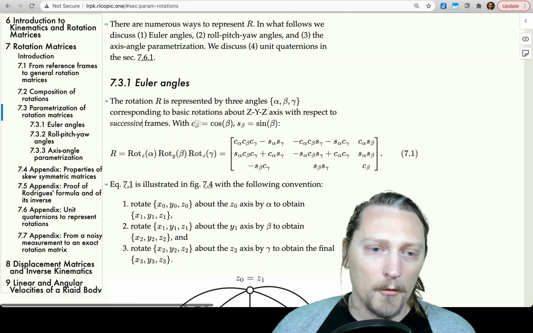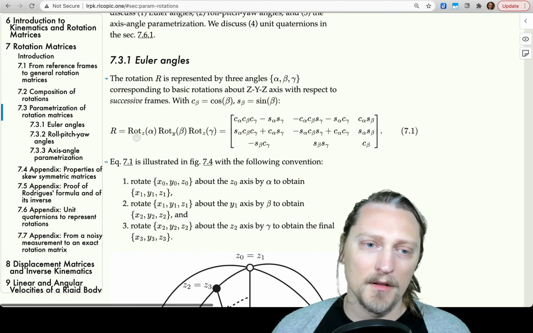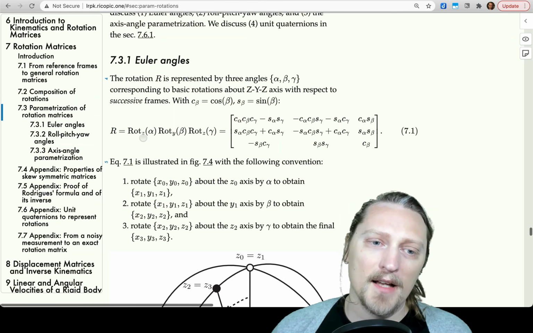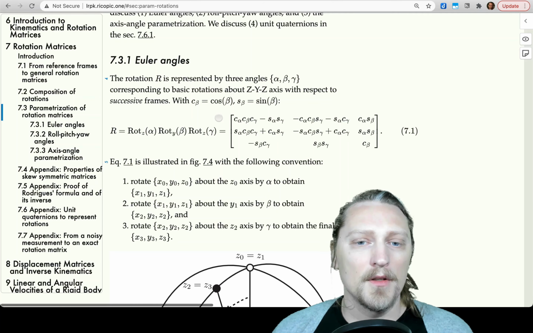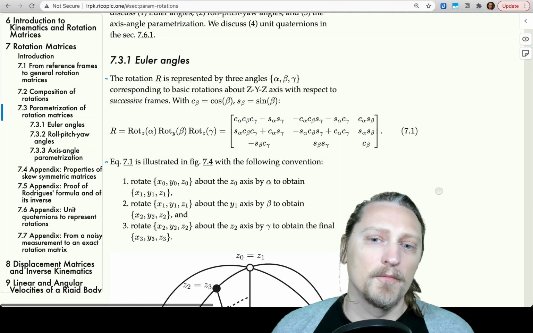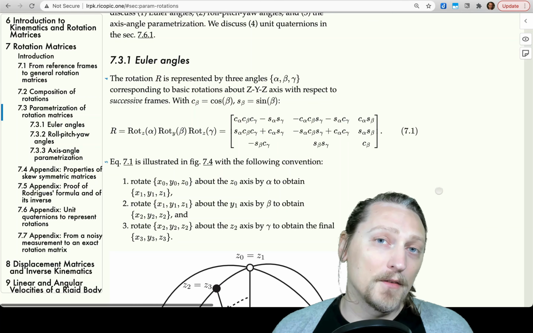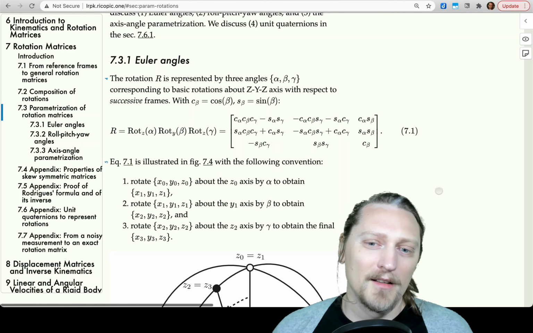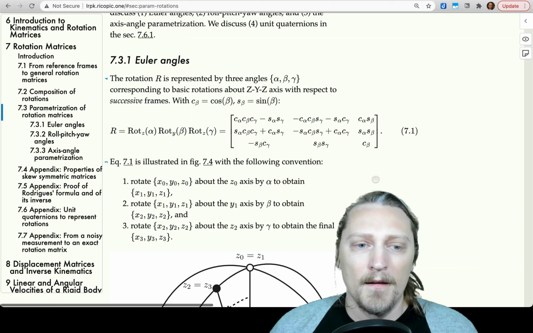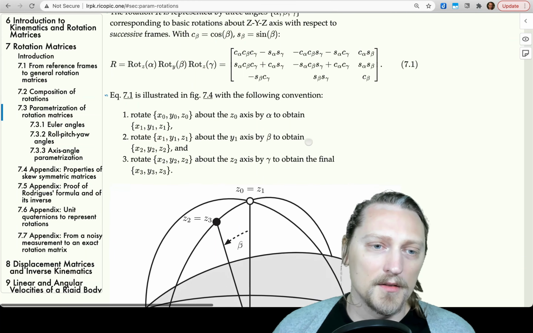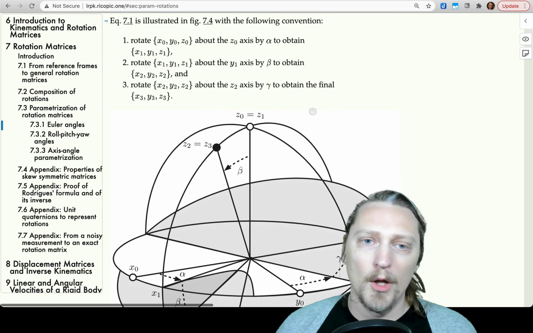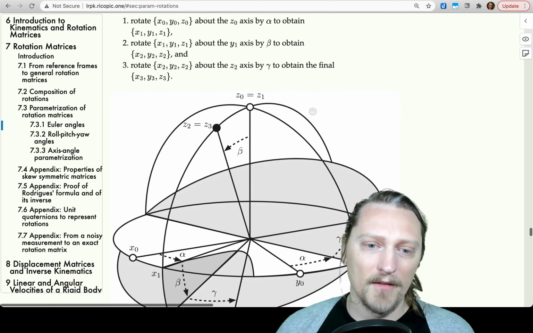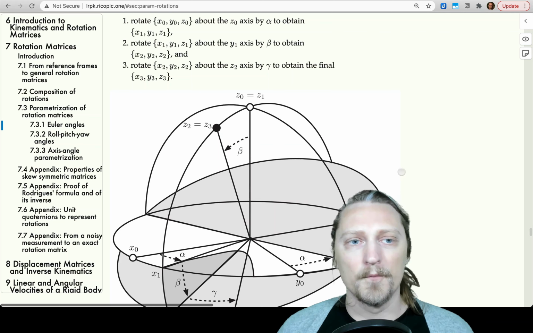So we have this rotation about the z, y, z axes, successive frame rotation, alpha, beta, gamma being the angles of rotation, and it's equal to this. If you write out the sine and cosine, it's pretty big, so that's why it gets abbreviated. Equation 7.1, this R above, is illustrated in figure 7.4 with the following convention. So this is the big figure here.